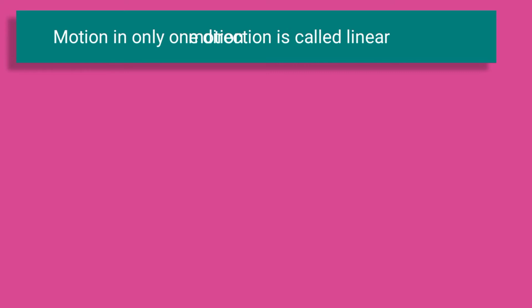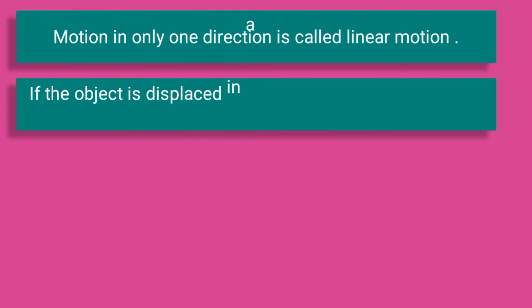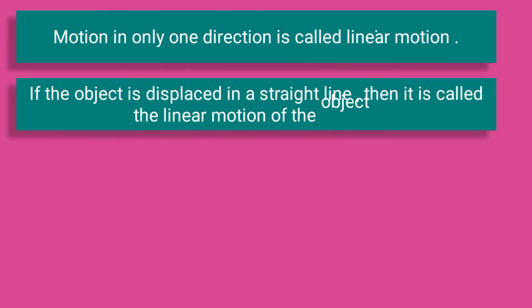Now the exact definition of linear motion is: motion in only one direction is called linear motion. The motion is only in one direction, so that's why I told you that you can compare linear motion with a ray. Another definition for linear motion is: if the object is displaced in a straight line, then it is called linear motion.